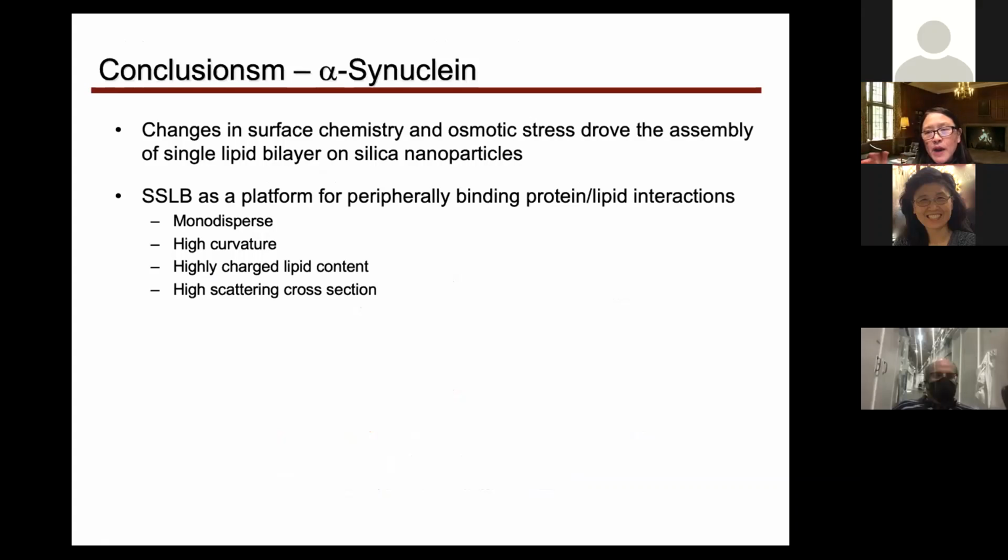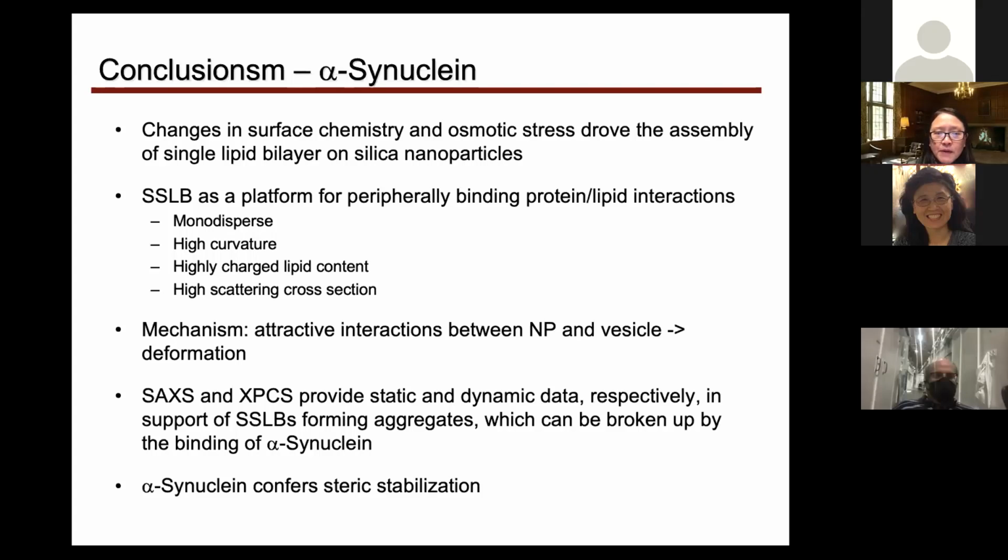So what I hope I've shown you in this first part of the talk is this one particular system whereby we're able to change the surface chemistry and use osmotic stress to actually drive assembly of a single full coverage of lipid layer on the silica nanoparticles, which have all these features that we have mentioned before.